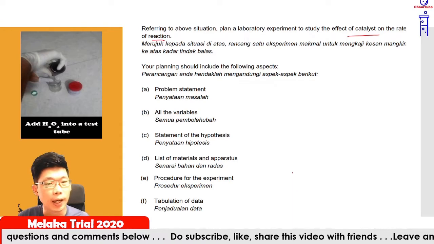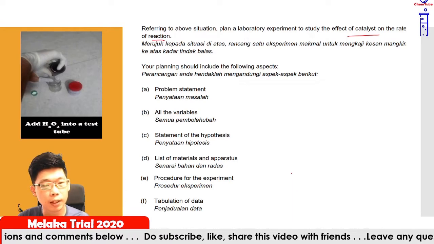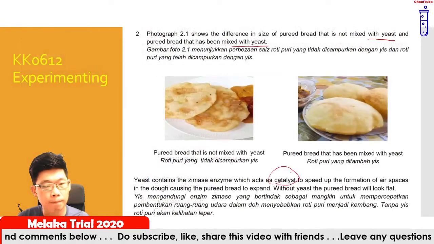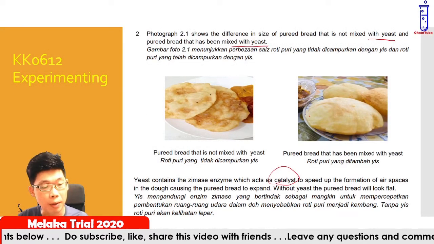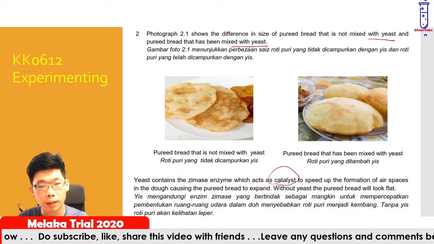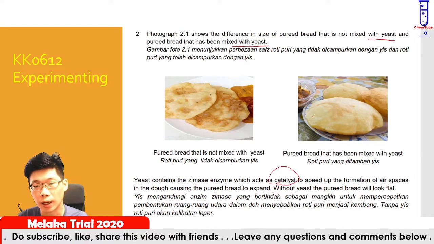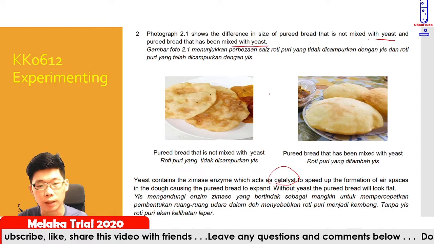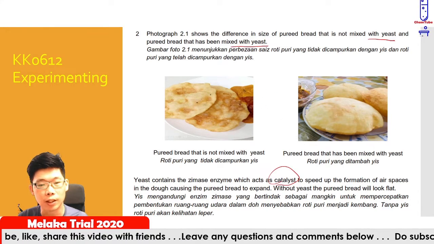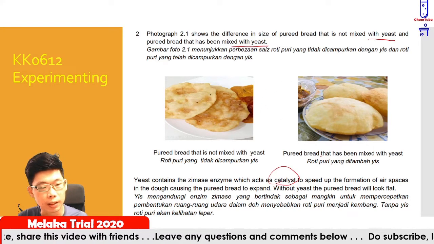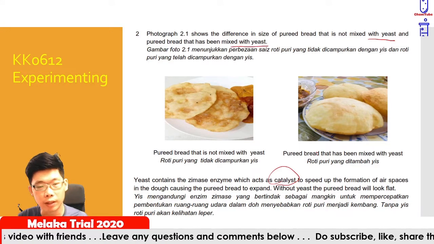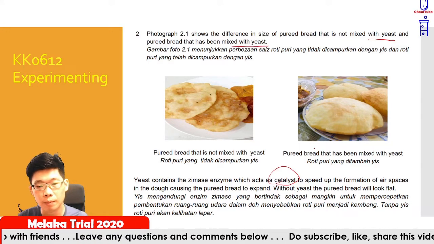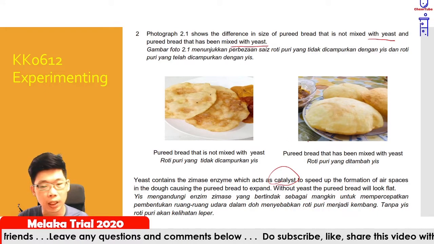For your information, normally in this question, you will be given a situation like this. In your experiment later, it is not advised to use the situation like this case, the bread. Don't use the bread in the lab, because normally it's very difficult for us to do the bread experiment in the lab.